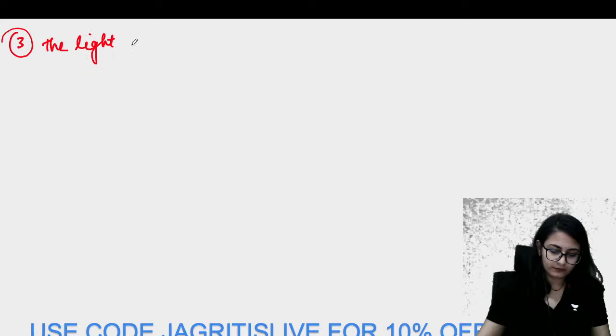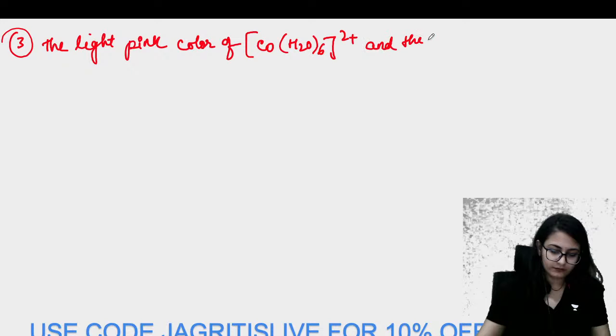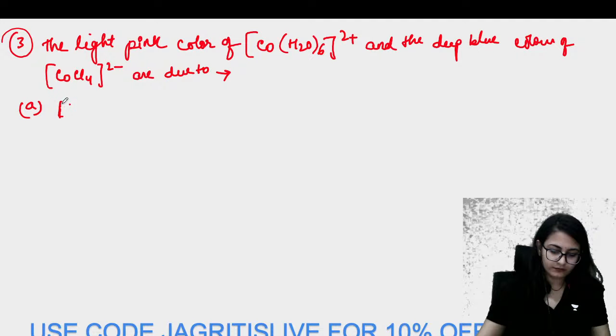The light pink color of [Co(H2O)6]2+ and the deep blue color of [CoCl4]2- are due to: MLCT transition, MLCT transition in first and the d-d transition in the second.